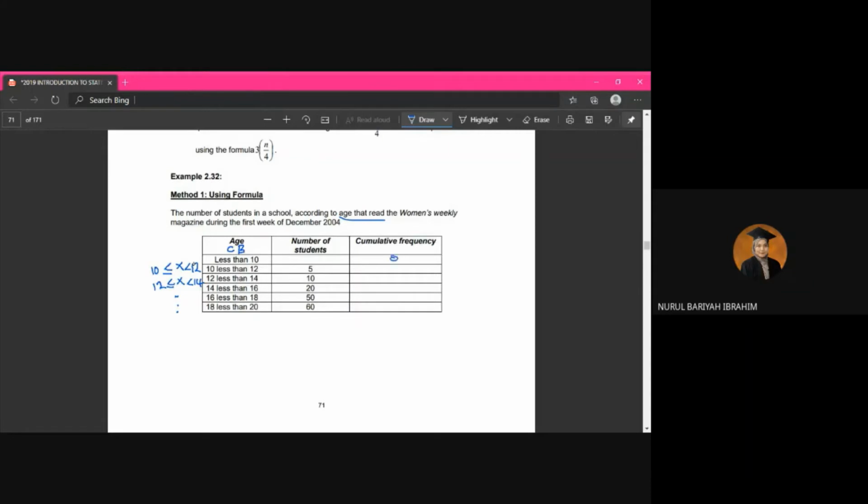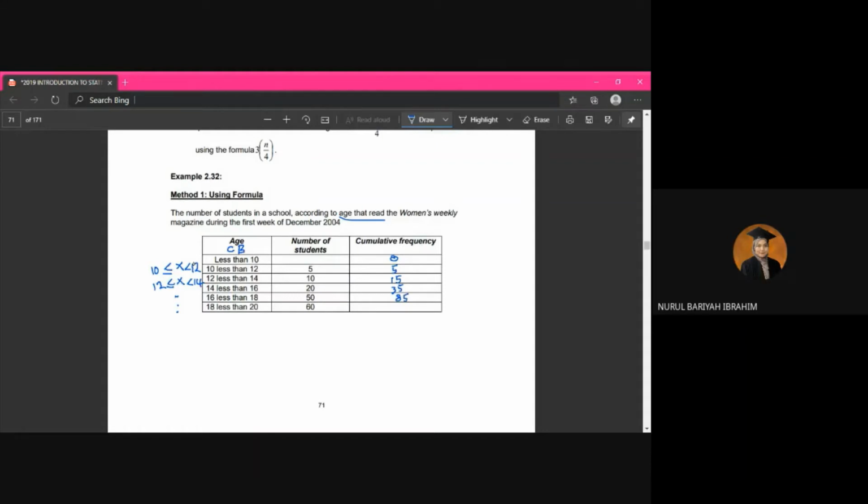Here will be 0, here will be 5, 15, 35. I believe that all of you have done this before, how to find the cumulative frequency. So 55, is it true?